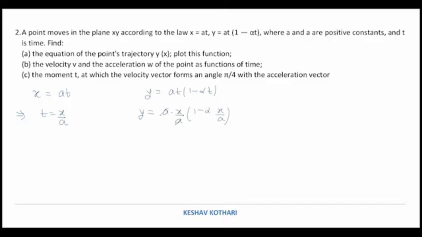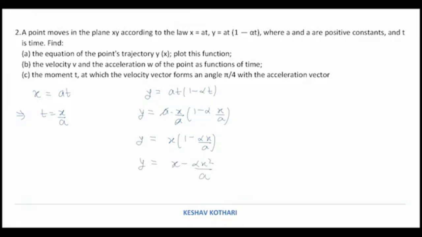So we obtain the equation of trajectory y is equal to x(1 minus alpha x by a), or we can write it as x minus alpha x square by a.